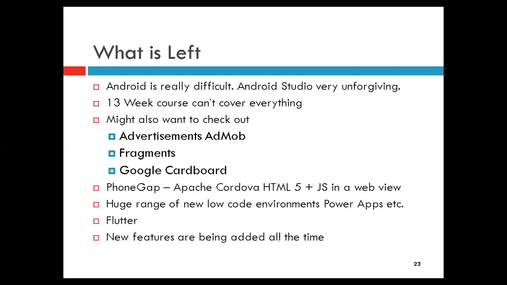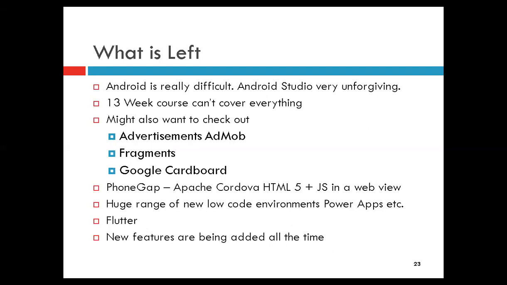You've got enough background to go and tackle other APIs that are available out there. You could look at including advertisements and things in your projects. We've started to have a look at fragments, but there's a huge space with Android. There's third-party advertisement networks as well.